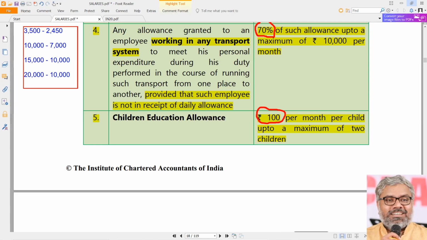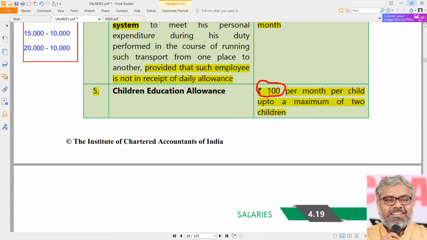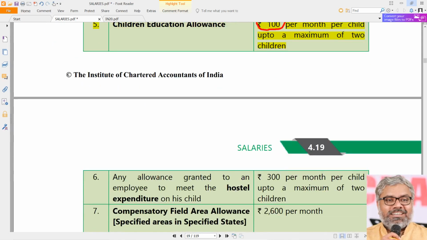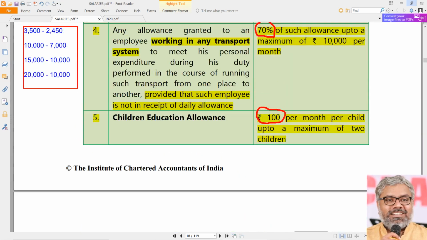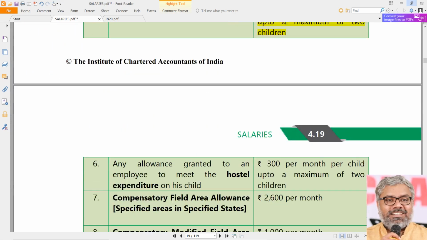But the government gives exemption through section 10(14)(ii) of only 100 rupees per month per child. A very ridiculous, low amount, and it has been there for a long time. They are not revising it because nobody asked them, nobody cares about this. So it has stayed at the same level. Whether we like it or not, we have to remember this number. Exemption of children education allowance is only 100 rupees per month per child, up to a maximum of 2 children.